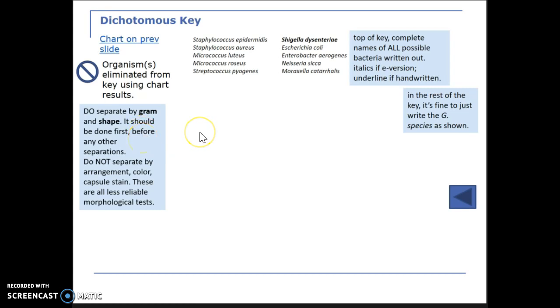There may be a project where you've been told all of our starting organisms are gram negatives. In that case, you wouldn't need to do a gram separation step. But I'll take it from the top. We often do separate by gram type and shape, and we do it at the very beginning if we're going to do it. There are other morphological tests: arrangement, color, capsule.